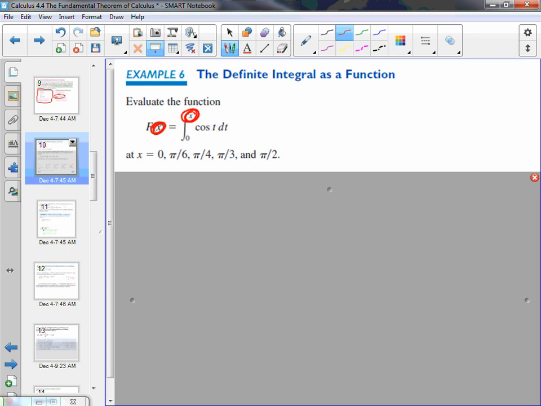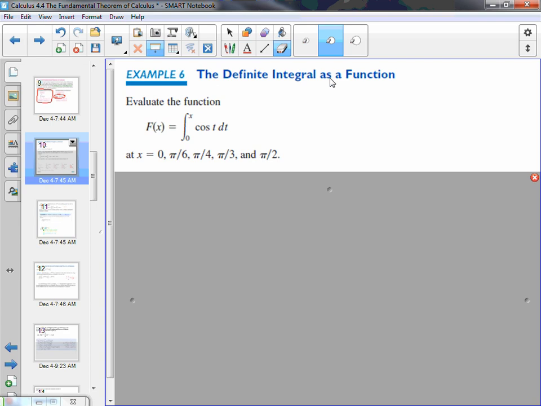But F of x, so it's a function of x, equals the integral from 0 to x of the cosine of t dt. They want us to evaluate this function for 0, for pi over 6, pi over 4, pi over 3, and pi over 2.